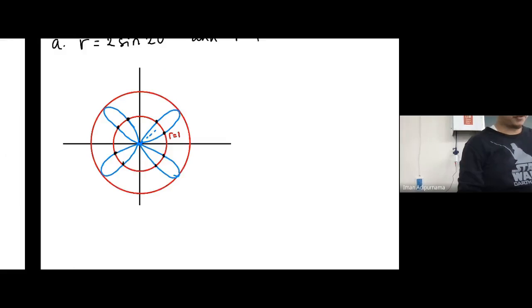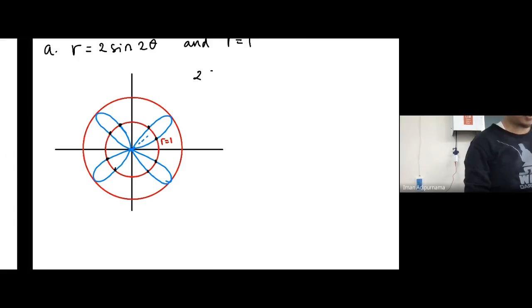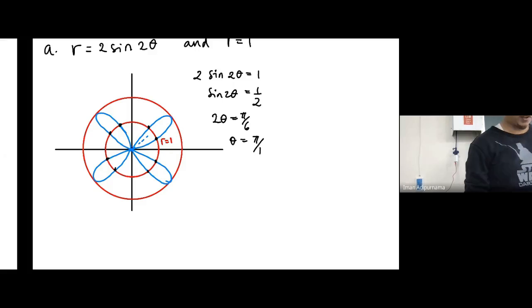Okay. And how to find them? You can solve the equations, equating them, and at least you get one angle. Let's say it's pi over 12, and the other angle, because it's sine, you need to find where the other sine is positive, right?